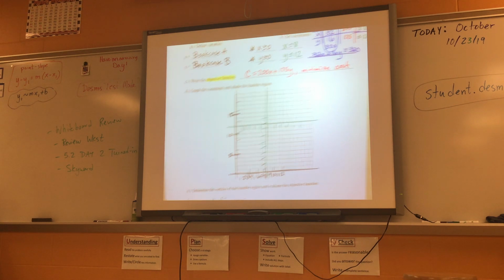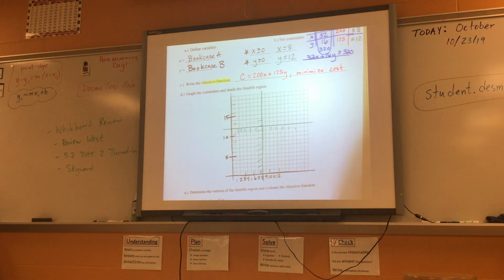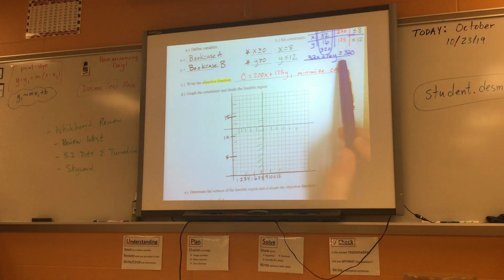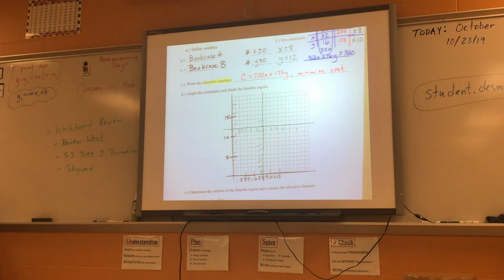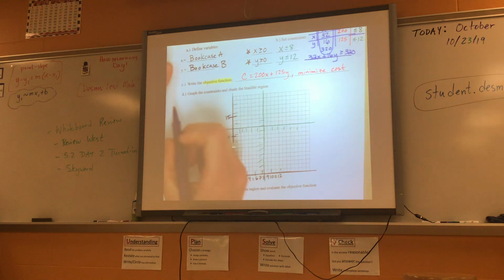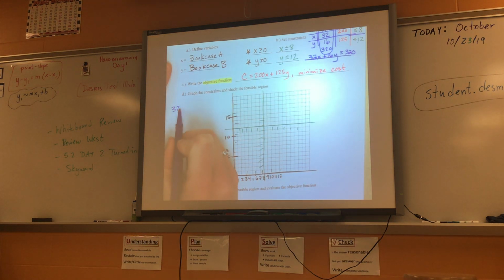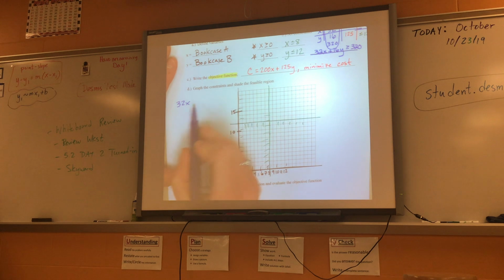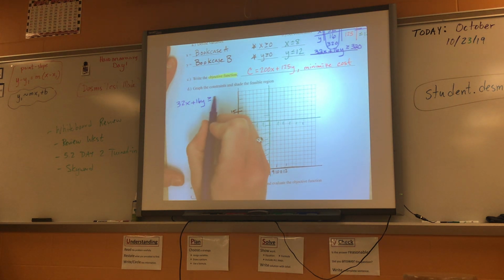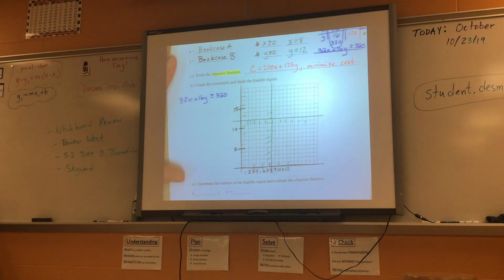The next thing we need to do is figure out how to graph this last equation, which is 32x plus 16y is greater than or equal to 320. Let's write that over here because we have some work to do on that. So rewrite it over here, please: 32x plus 16y is greater than or equal to 320.